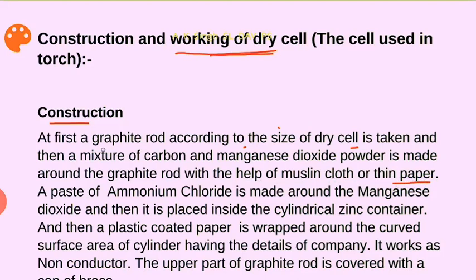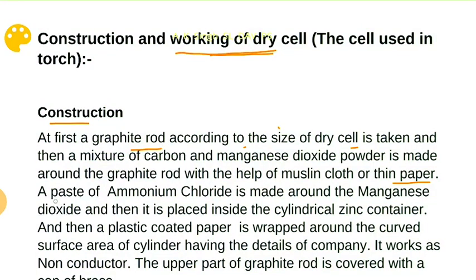Now, why is the graphite rod used? As you have read, graphite is an allotrope of carbon, and it is the only nonmetal that is a good conductor of electricity, as well as cheaper, and hence it is used as a conductor in the dry cell.